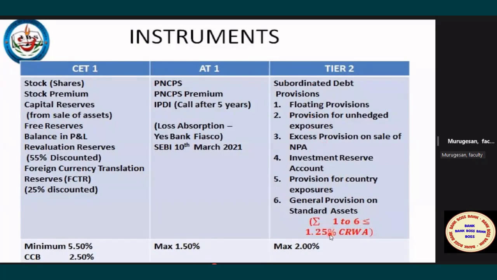All put together should not exceed a maximum of 2%, and this 2% is different: it is calculated on total risk weighted assets. So Tier 2 capital overall should not exceed 2% of total risk weighted assets, and provisions for bad debt, standard assets and NPA are allowed in Tier 2 up to 1.25%. The remaining can be used for reducing NPA and so on. Other accounting will be different. So for the purpose of Tier 2, this is the rule.